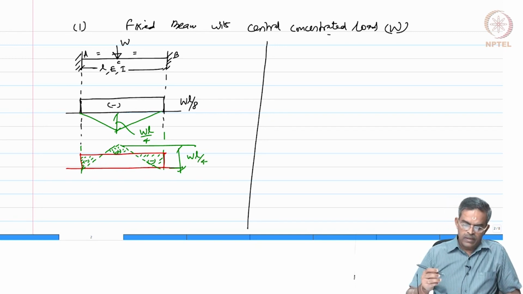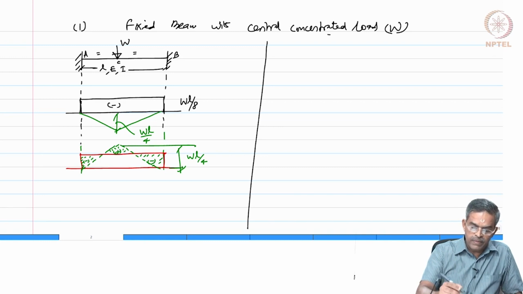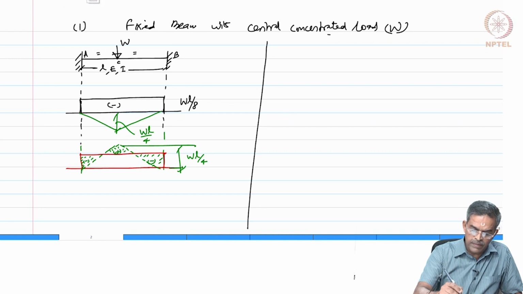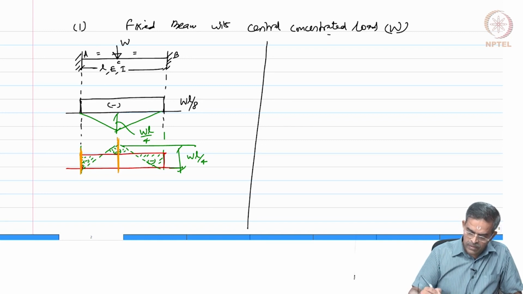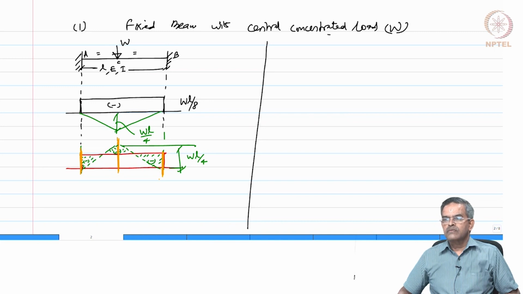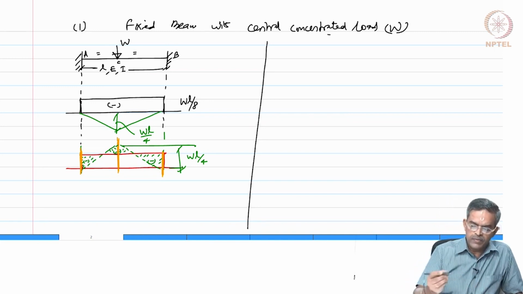right. So, now where are the critical sections here? The critical sections are at 3 different places. Let us mark them. The critical sections can be here, can be here, can be here. Okay. So, what is the static degree of indeterminacy for this problem?